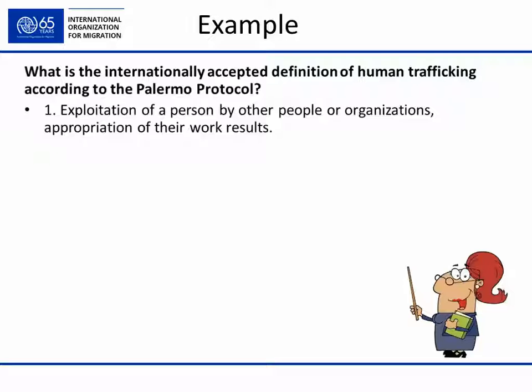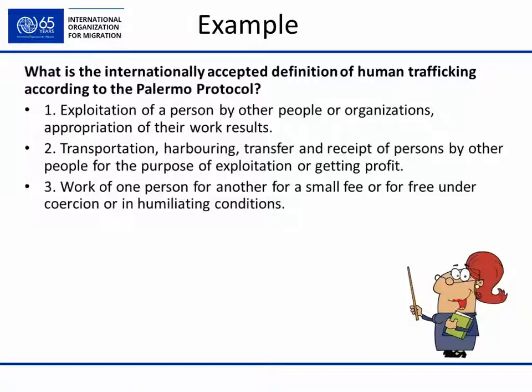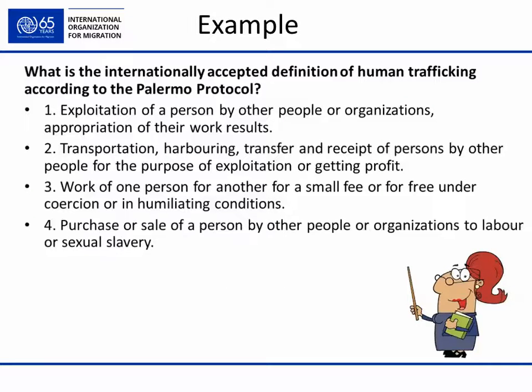Exploitation of a person by other people, organizations, appropriation of their work results; transportation, harboring, transfer, and receipt of person by other people for the purpose of exploitation and gaining profit; work of one person for another for a small fee or free under coercion in humiliating conditions; purchase or sale of a person by other people or organizations to labor or sexual slavery. I do not know.